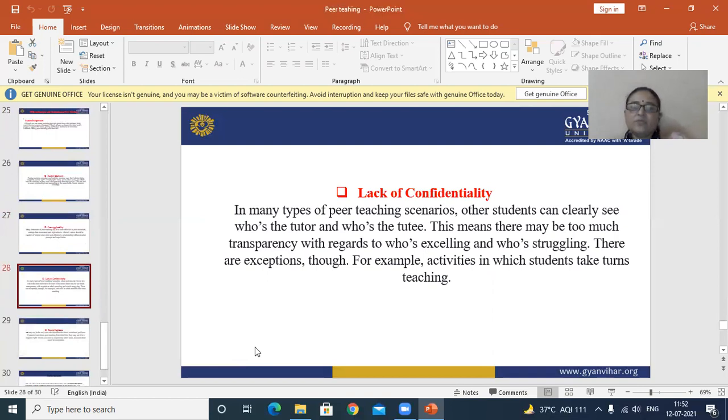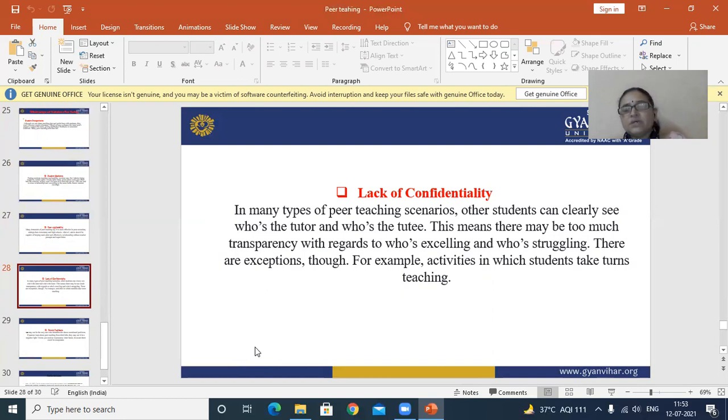Lack of confidentiality. In many types of peer teaching scenarios, a student can clearly see who's the tutor and who is the tutee.